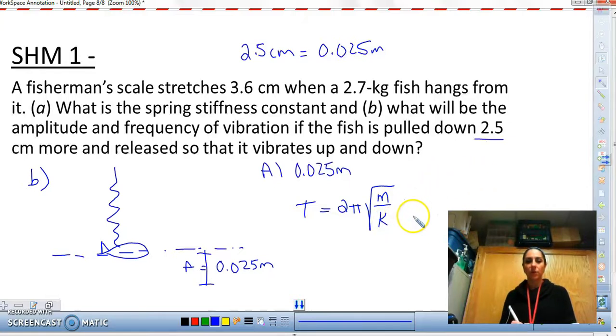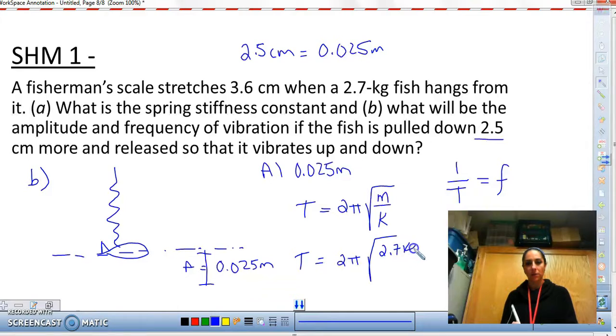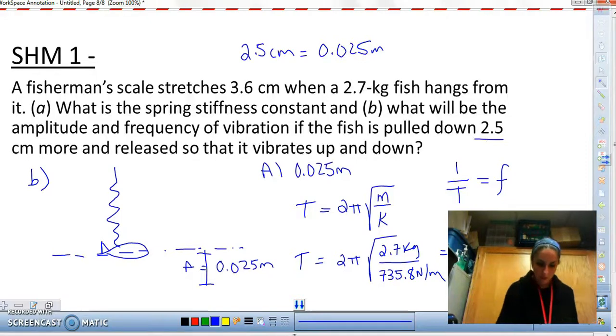And once we find that, we could take the inverse of it to get the frequency. Just like that. So period is 2 pi square root of the mass divided by the 735, so the k constant that we got earlier, 0.8 newtons per meter. So let's go ahead and do that.